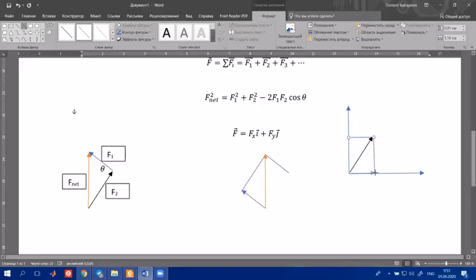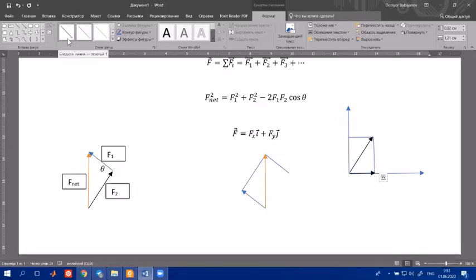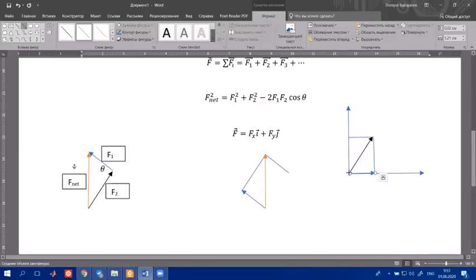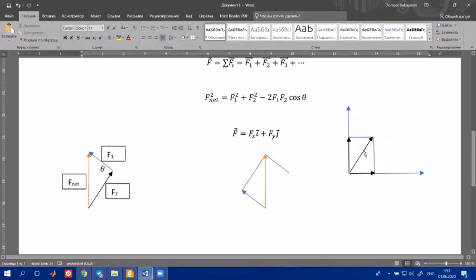This is x component of a vector and y component of a vector. So x and y components. This is F in diagonal. This is Fx and this is Fy. And i and j are unit vectors. i is unit vector along x-axis and j is unit vector along y-axis.